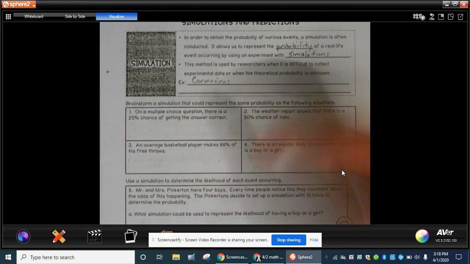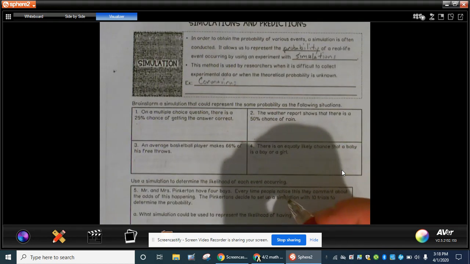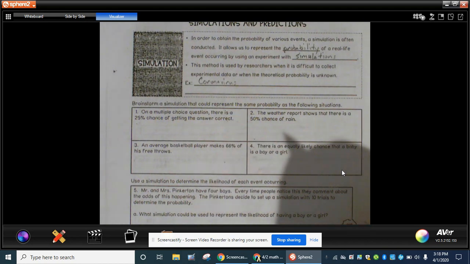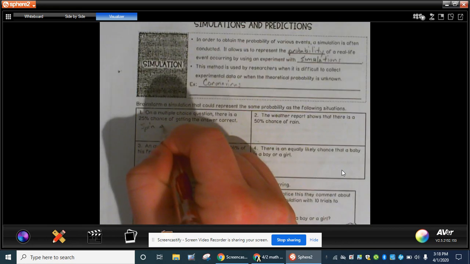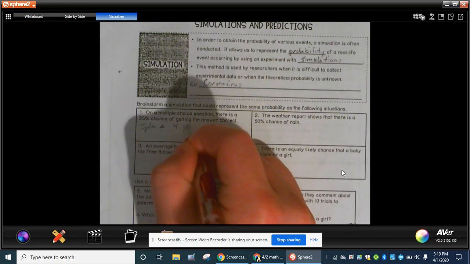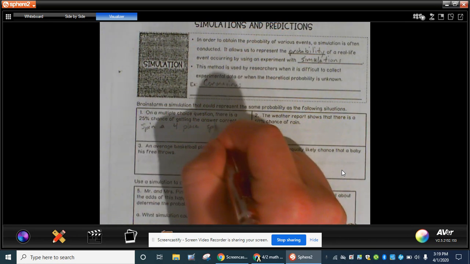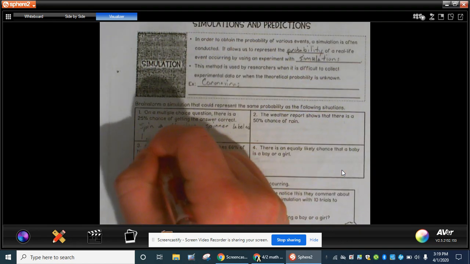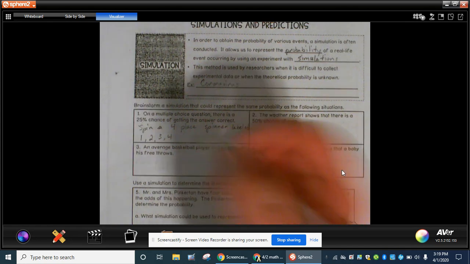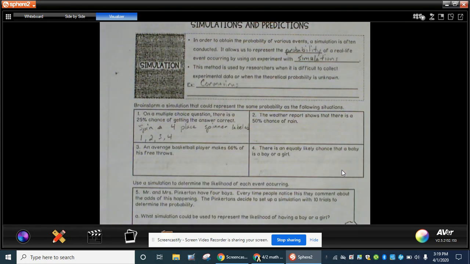I know that I could spin a four place spinner labeled 1, 2, 3, 4 to get the same outcome. I can find the same probability as answering a multiple choice question as I would with spinning a four place spinner, and find the chances of landing on a 1, 2, 3, or 4.